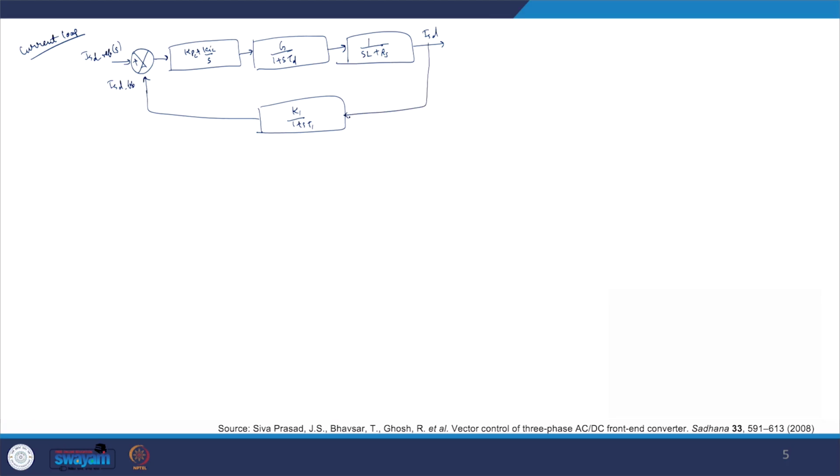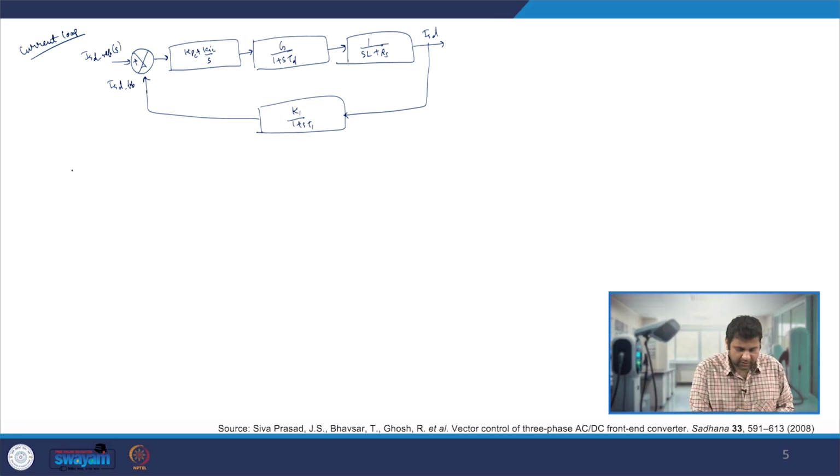Now in this particular case, let us define the closed loop transfer function. My closed loop transfer function will be my ISD at the output divided by the reference which I am setting.